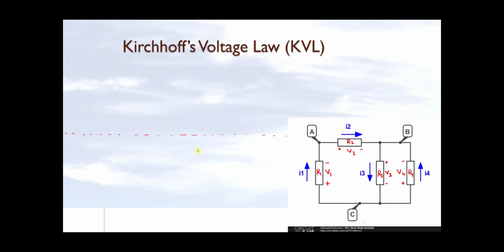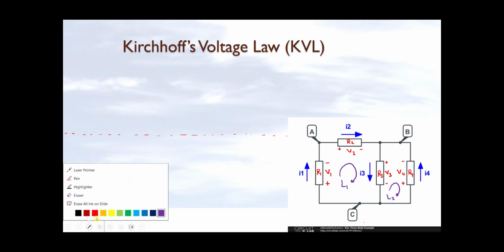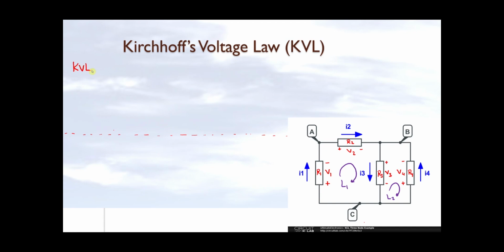So if you look here, I have two loops. So this is loop number 1, and this is loop number 2. I can write KVL in each loop, and this will give me two independent equations. So let me write a KVL in loop 1.